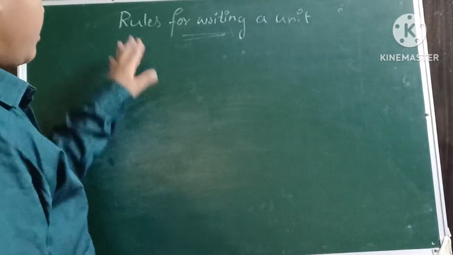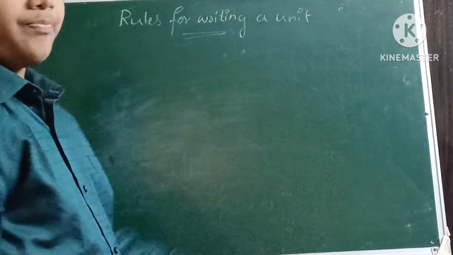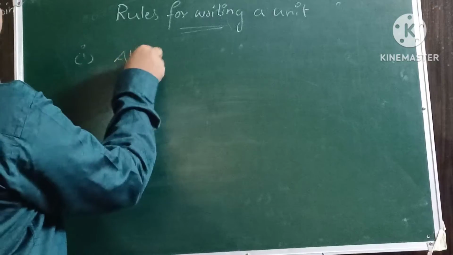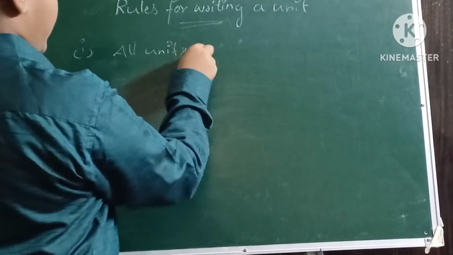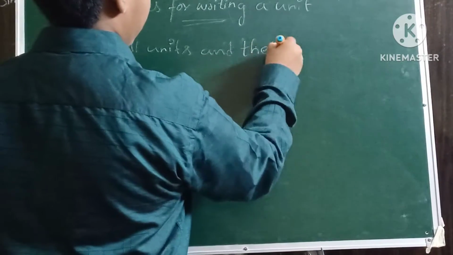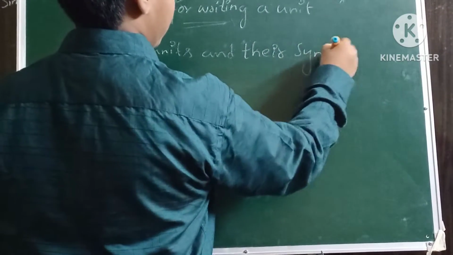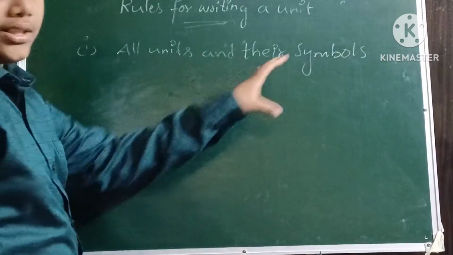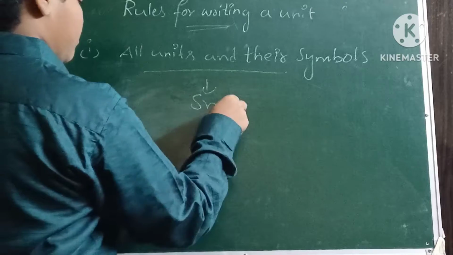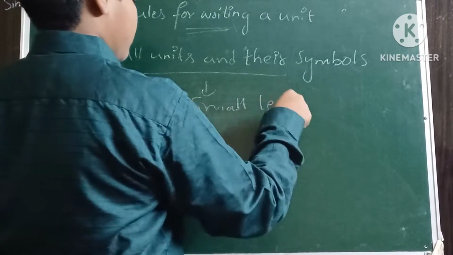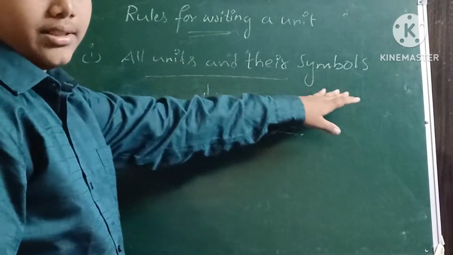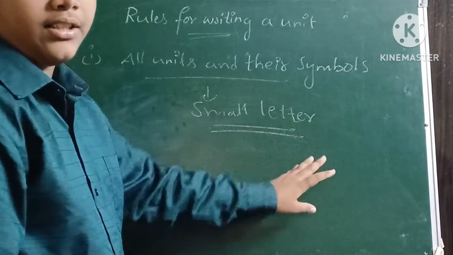The first rule is: all units and their symbols we have to write in small letters.